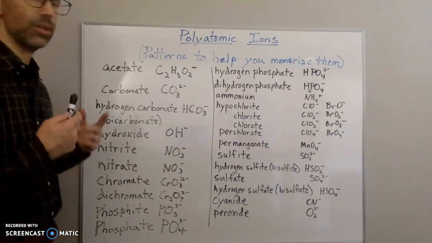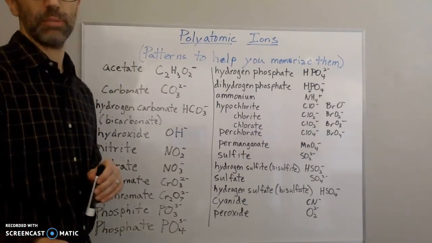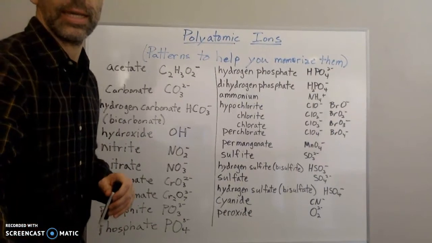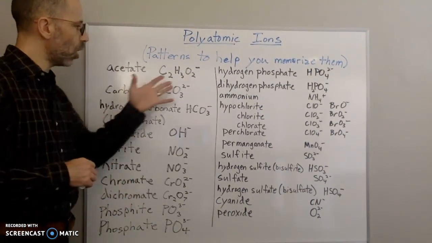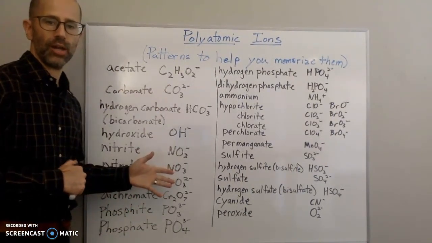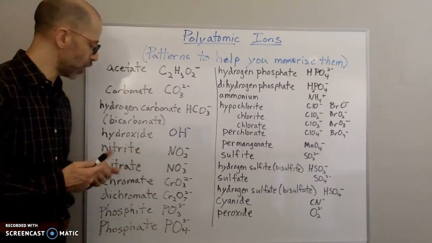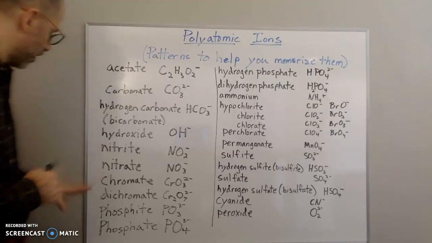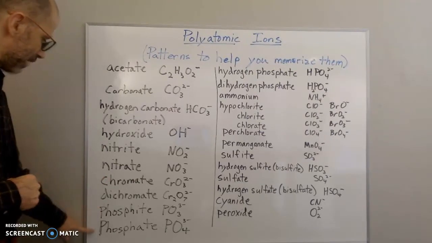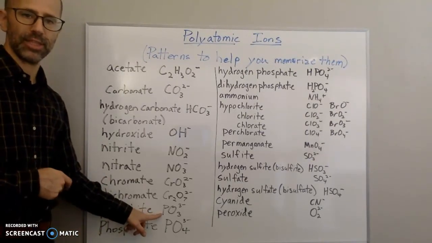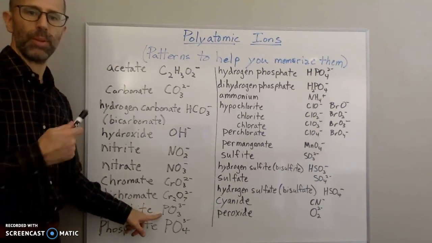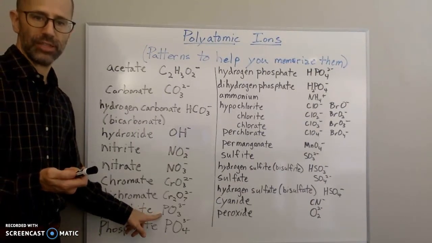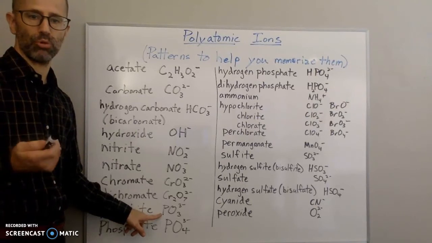Okay, now the other pattern I want to point out quickly before the end of this video is that you can also use patterns with regard to the charges. You can remember the charges, for example. Notice phosphite and phosphate have phosphorus in them. Well, if you remember the charge of phosphorus from your periodic table, if you remember the rule, right?